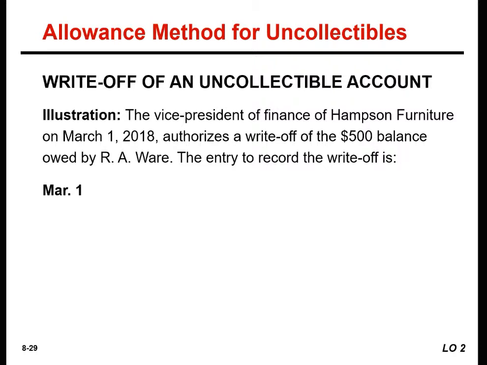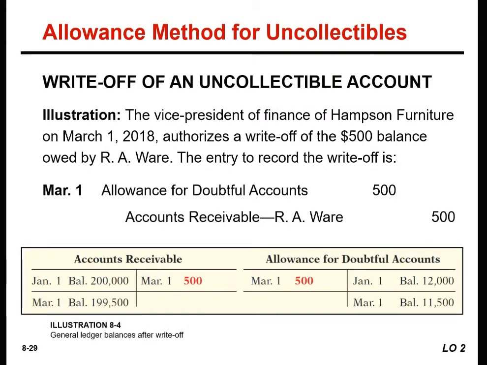We reduce our allowance for doubtful accounts because we are recognizing $500 of this and allocating it to the accounts receivable for R.A. Ware of $500. Now, the net amount of our accounts receivable doesn't change. It's just where those amounts were at that changes.